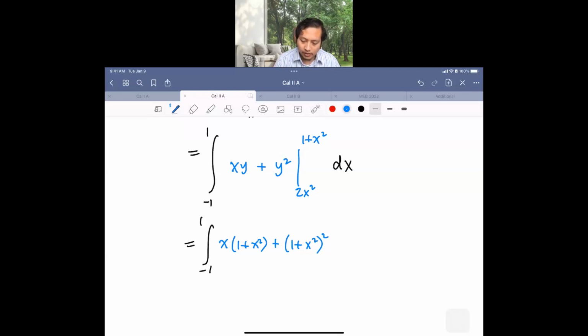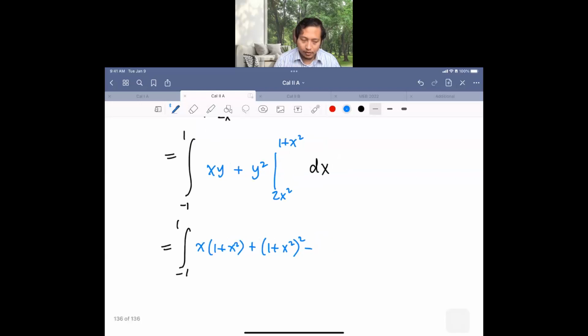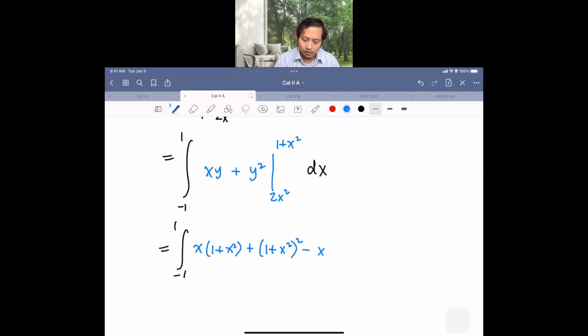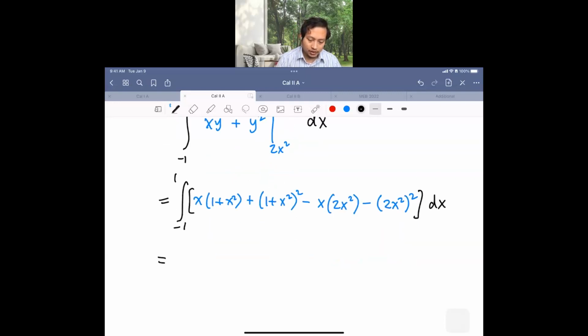And then minus x times 2x squared, because it's plus, so minus y squared, 2x squared squared. Okay, and then the whole thing, we still have the x dx. So calculate first all the things inside.